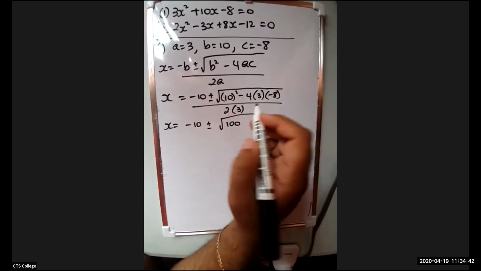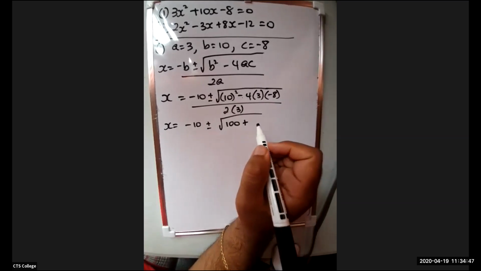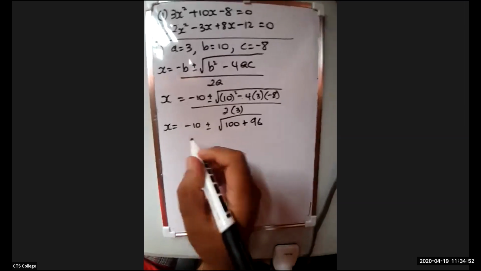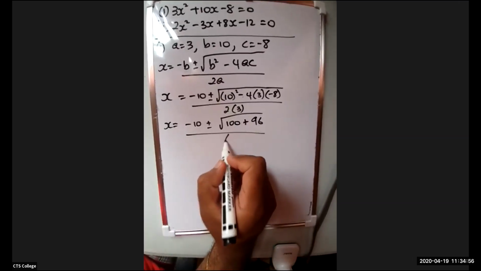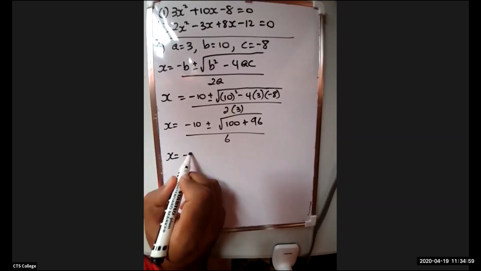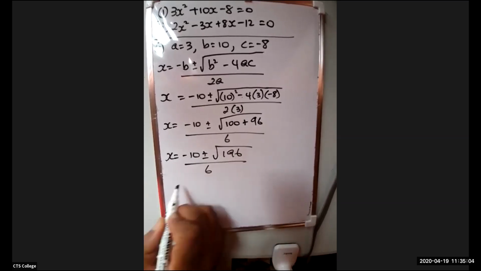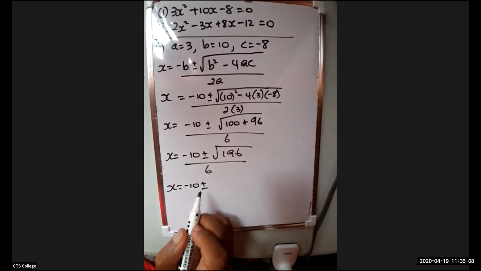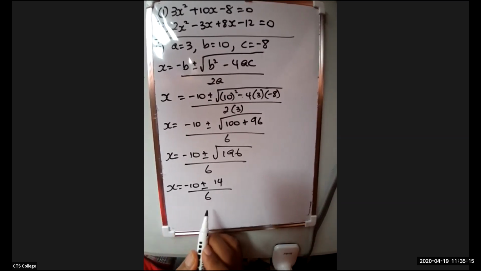A minus and a minus is a plus. 4 by 3 is 12, 12 eighths are 96. So x is equal to negative 10 plus or minus the square root of 196 all over 6. The square root of 196 is 14. All right, 14, over 6.